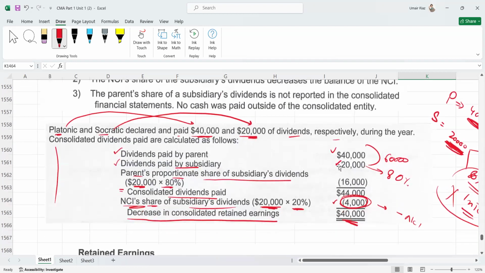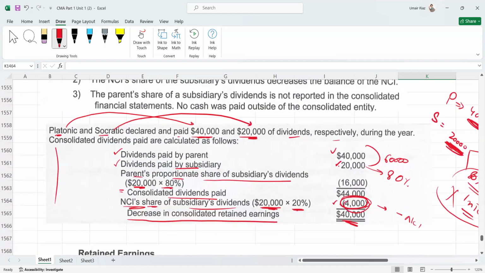This NCI share of dividend will be deducted from the NCI working, and this decrease in consolidated retained earning will be deducted from consolidated retained earning, and this figure will be equal to the dividend paid by the parent.